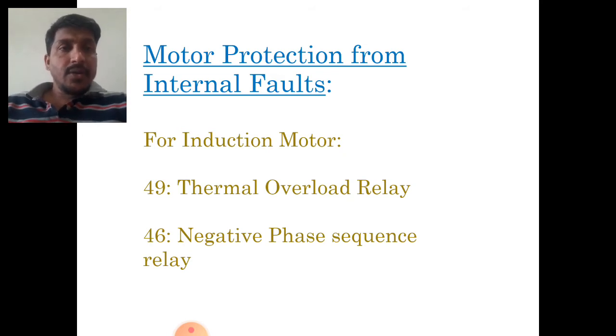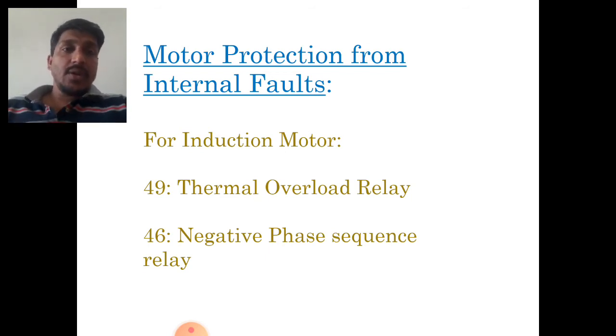If you divide these faults, or asymmetrical faults, into three sequences, let's say positive sequence, negative sequence and zero sequence, one thing to understand is that all three sequences rotate in the same direction as the rotor. But in the case of the negative phase sequence, even though the direction of the negative sequence current is in the same direction as the rotor, the flux developed by this negative sequence current rotates in the opposite direction of the rotor.